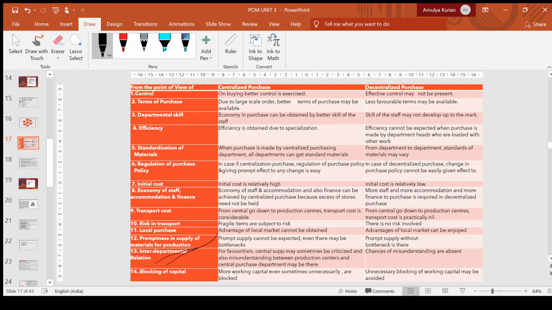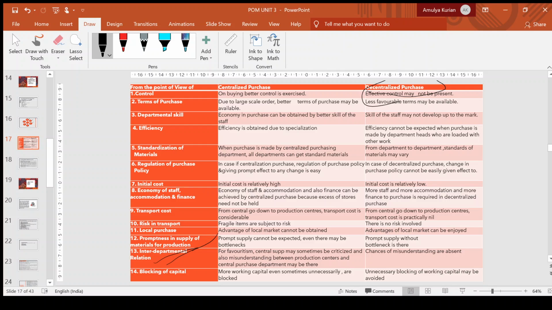Another thing is that the bargaining power with decentralized purchase will be more, because you will be trying to get your supplies from the local market rather than going for anything far away. So these are the advantages and disadvantages, and the difference between centralized and decentralized purchase.